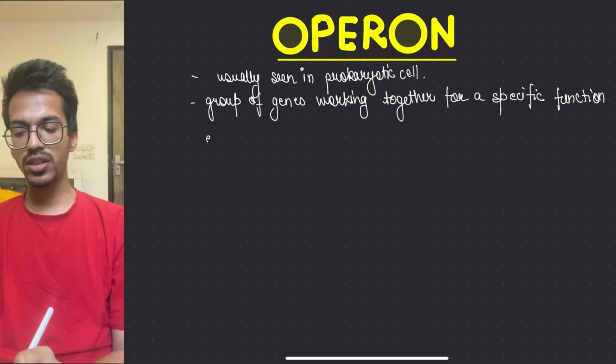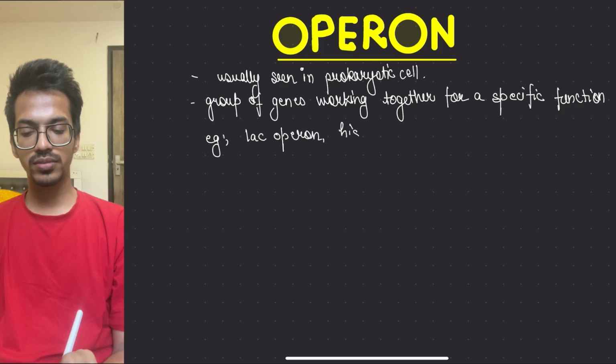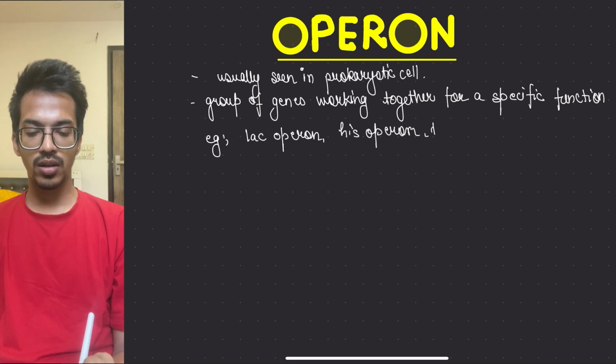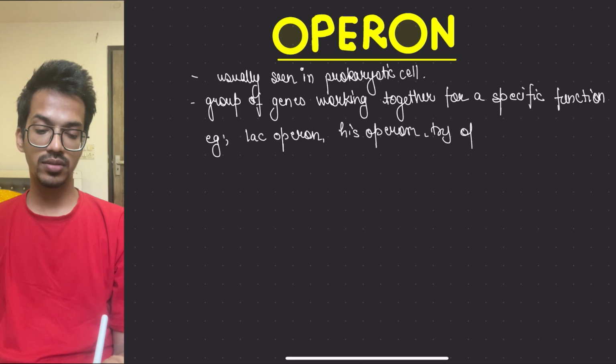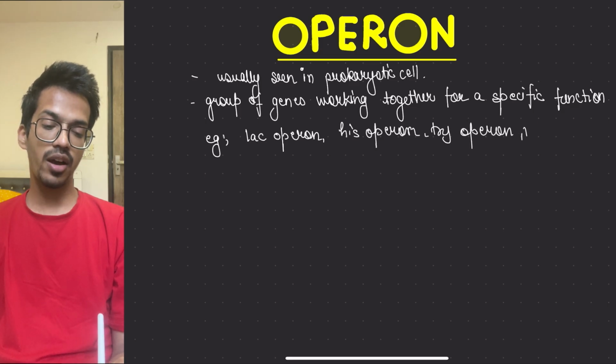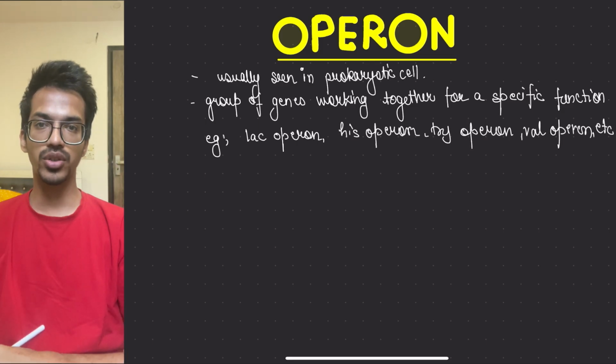Examples in prokaryotes: there are many examples like the lac operon, his operon, tryptophan operon, valine operon, etc. These are the different operons which are working in the prokaryotes.